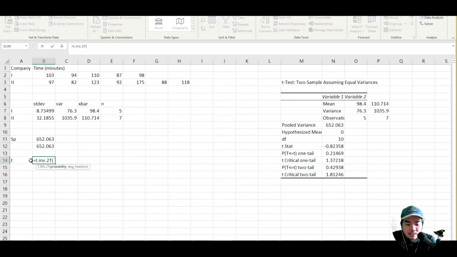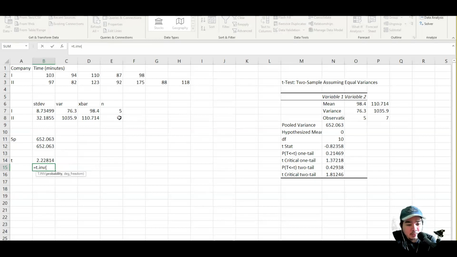So, alpha natin is 0.1, so probability is 0.1 over 2. Degrees of freedom natin is n1 plus n2 minus 2. Or we could equally have done t.inv, and again, choose which one you prefer, class.